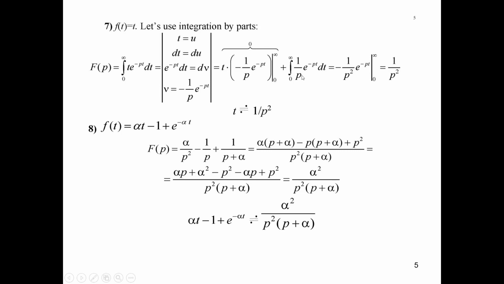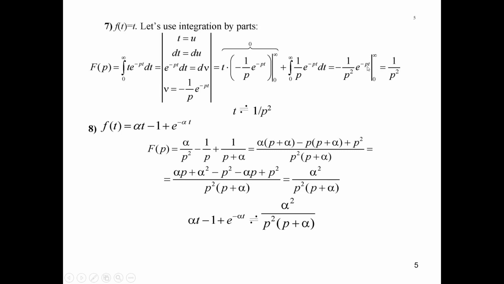So we have only this integral, of e to the minus pt, which gives minus 1 over p squared. When we substitute infinity, this coefficient will be equal to 0, since e to the degree minus infinity equals 0.